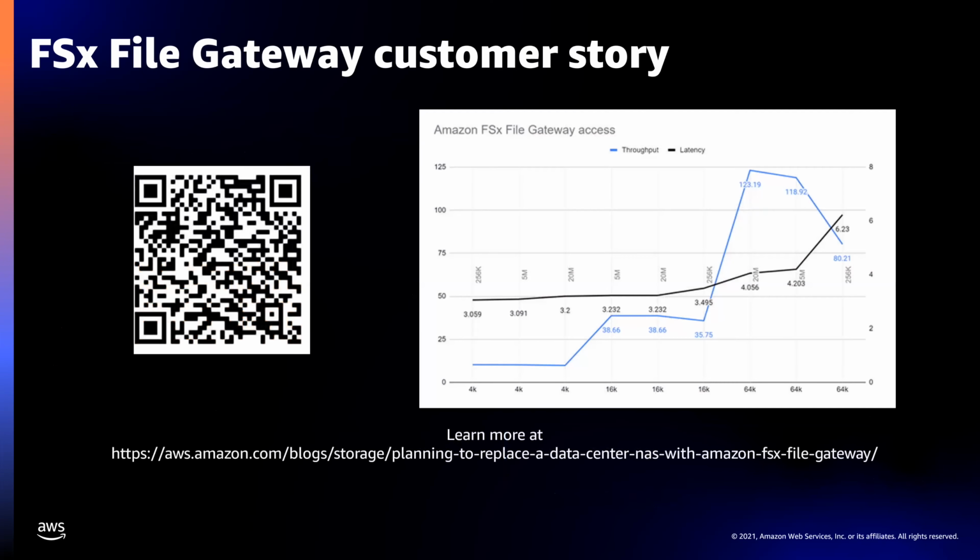So they actually did this, and they wrote a blog just talking about their experience, how they did it, why they did it, what the financial benefits were, what the operational benefits were, because now, instead of having to manage all this physical infrastructure, upgrade those Windows file shares, they're able to use managed services within AWS that take care of a lot of that operational heavy lifting.